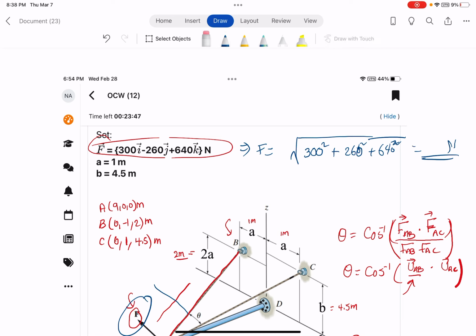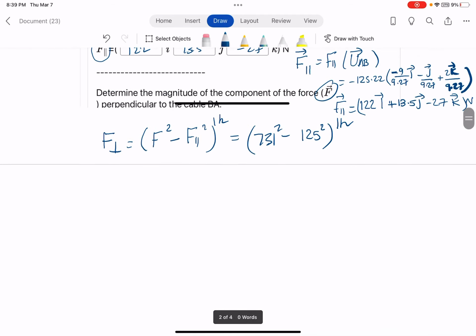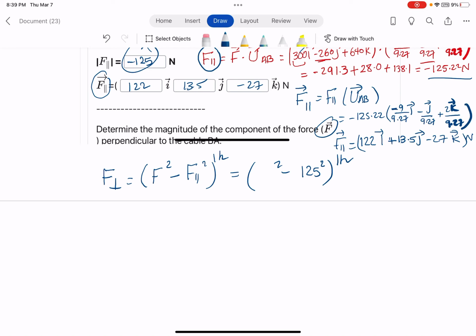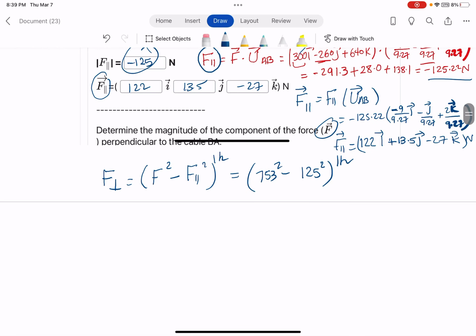This is not 731. Let's do it again. 300 square plus 260 square plus 640 square under the square root, oh, the mistake, 753. So this is 753 square plus 125 square, that's under the square root, and that would give you 763 Newton. So you put the force perpendicular in magnitude format, 763 Newton.